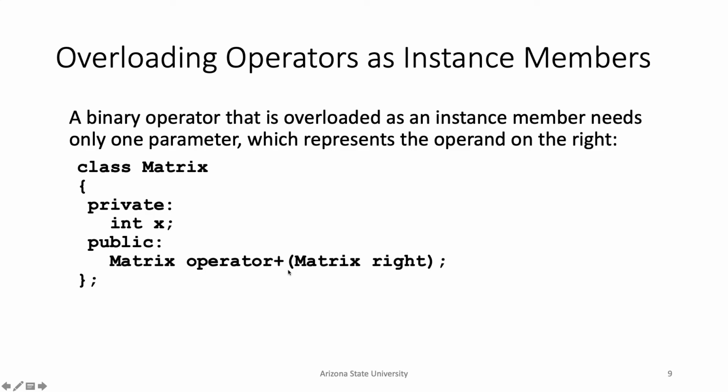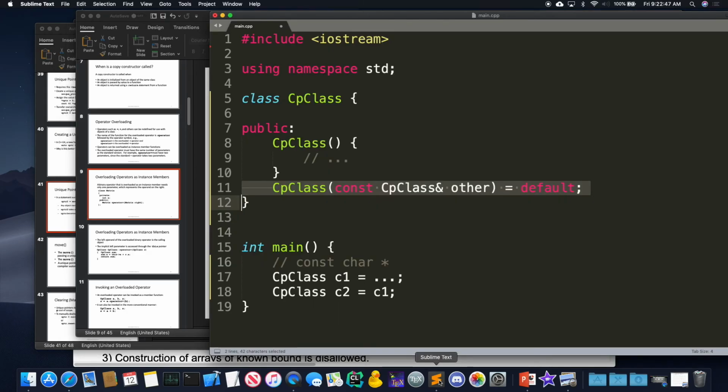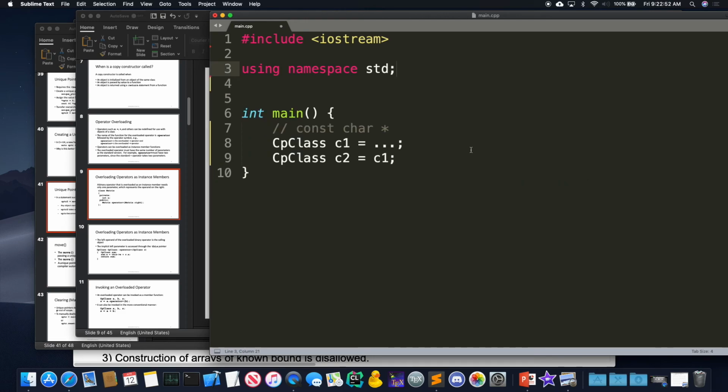And no example of this is better than string. So if we get rid of the OP class here and just say, let's just have a string s equals hello, and then we cout s plus world, like this, and then maybe a new line.